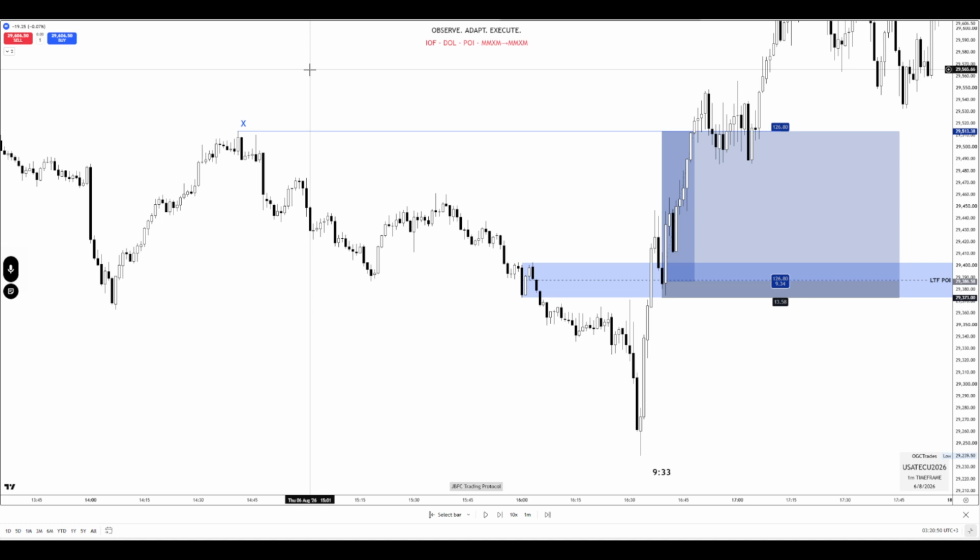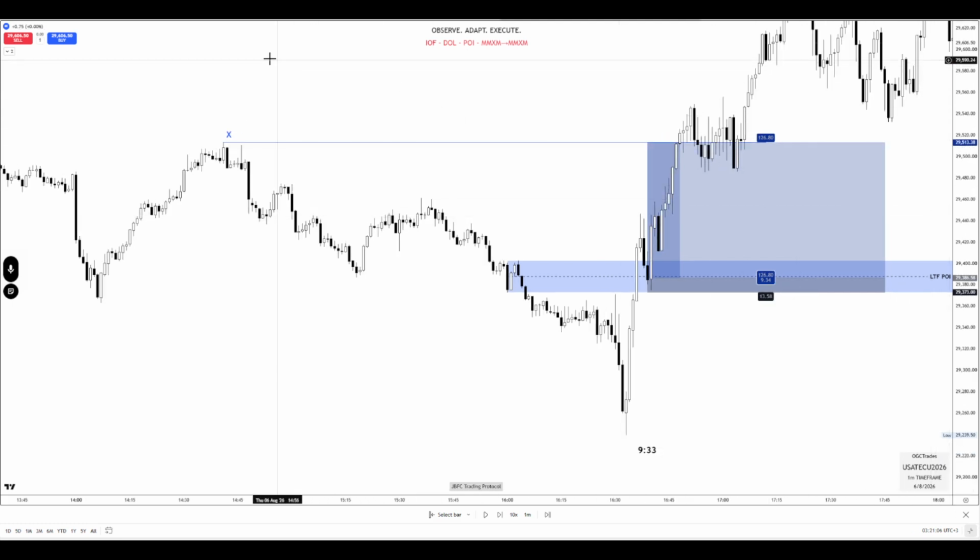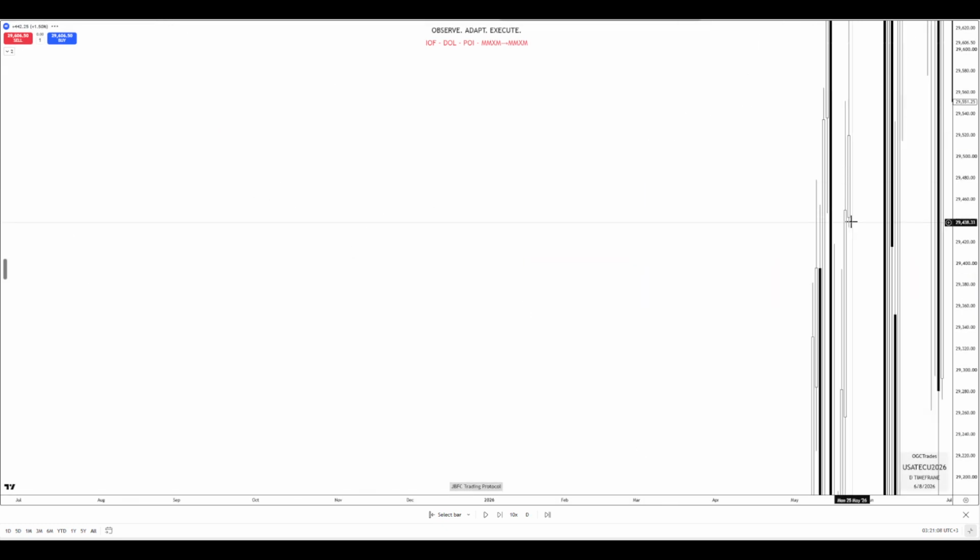All right, so we're gonna go really fast on this one. We're just gonna look at why I was looking to buy and not sell. So first thing first, high time frame. Let's go to daily.